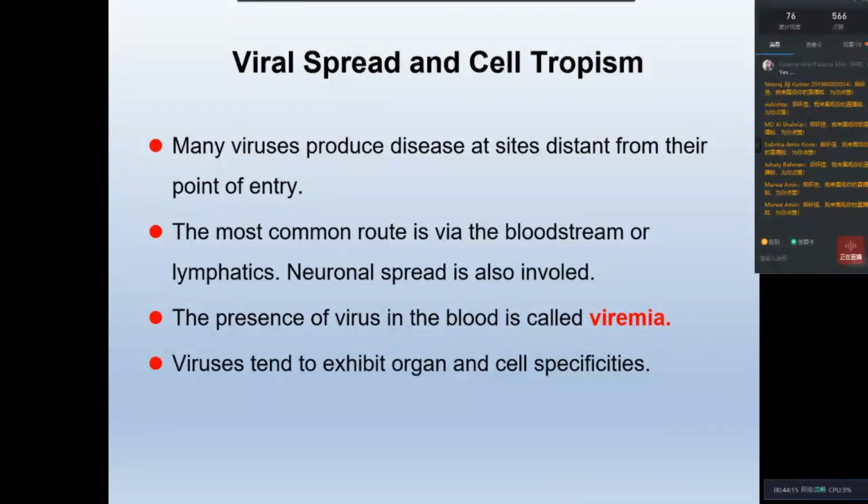And the most common route for the virus to spread is via the bloodstream or lymphatic system. And sometimes neurons are also involved. Some viruses prefer neurons and get into them. Our neurons are a special cell with long fibers, so the virus can hide in the fiber and travel fast to other parts of the body.